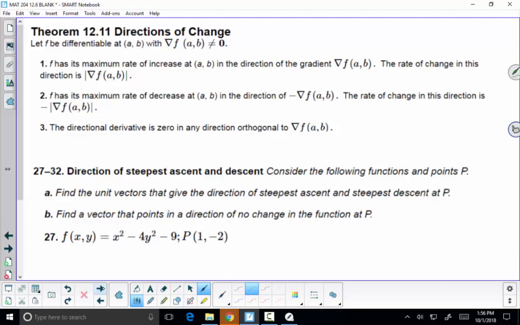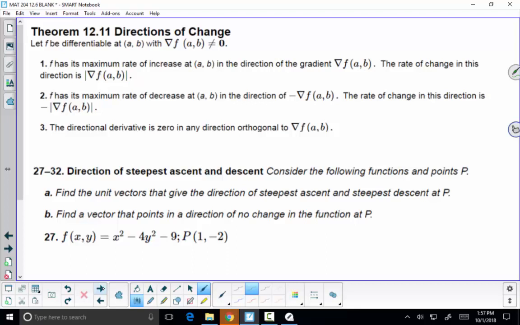So when is cosine 1? When theta is 0 and cosine of theta is 1. So we're standing on a, b, and the gradient is what it is. The gradient is pointing in the direction of maximum increase. If we take our unit vector u and position it so that it's pointing in the same direction as the gradient, so theta is 0, that will be the direction of maximum increase.